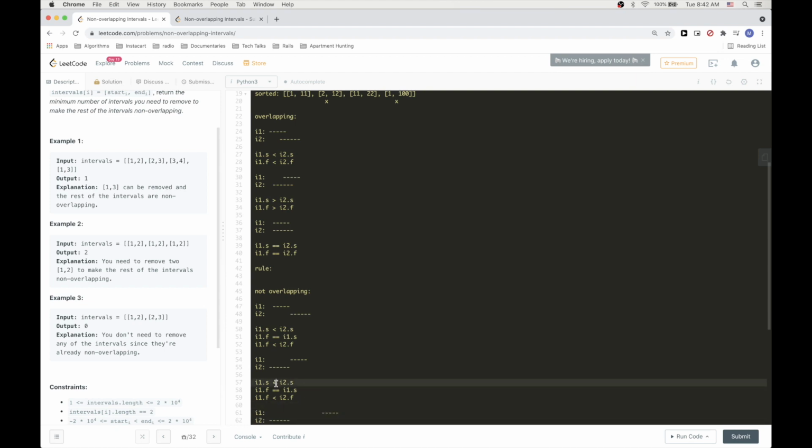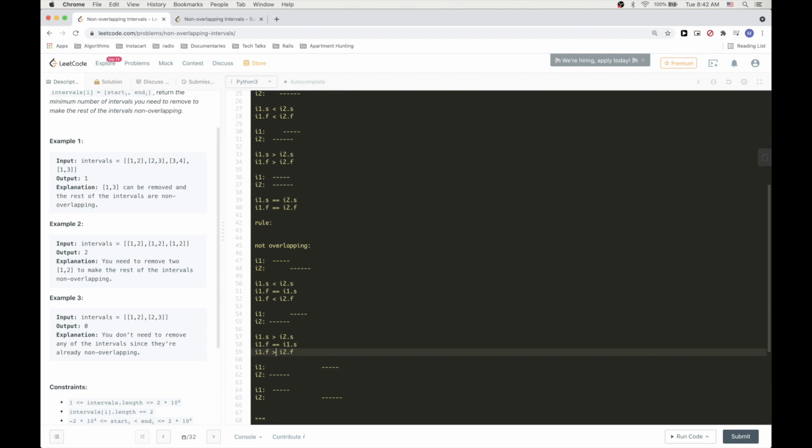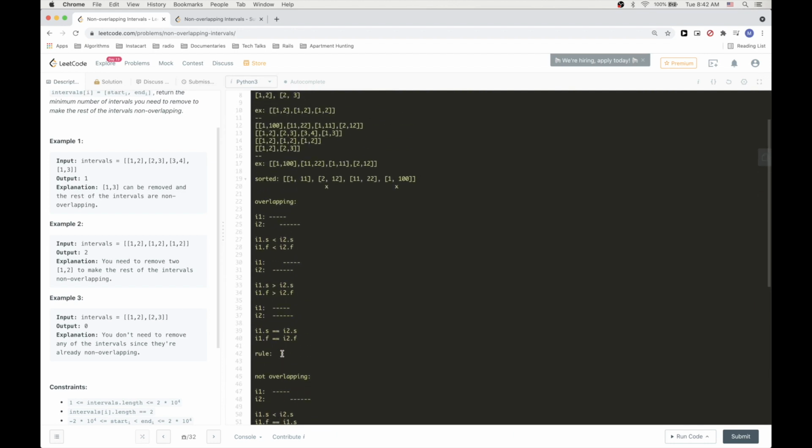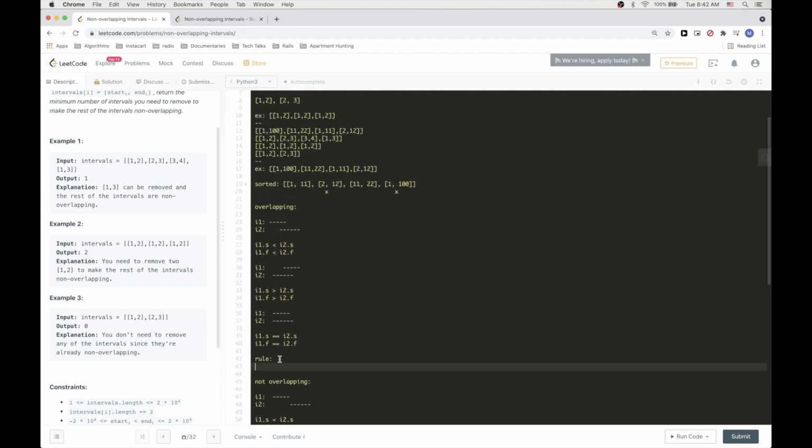I1 start is bigger and I1 finish is bigger. Okay, now these are the usual ones. So for this here we can say I1 start and I2 start, basically this value here equal to this value here. So either both are smaller or both are bigger.